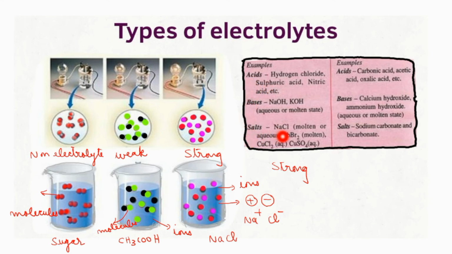Along with that, sodium chloride, lead bromide, copper chloride, copper sulfate, certain salts are also strong electrolytes. Whereas all weak acids, all organic acids are weak electrolytes. Certain weak bases like calcium hydroxide and ammonium hydroxide also will be weak electrolytes. Salts like sodium carbonate and bicarbonate also will be weak electrolytes. You can just memorize the examples.